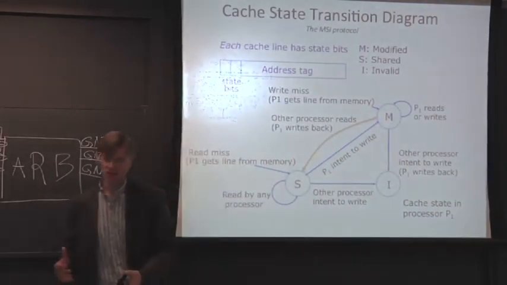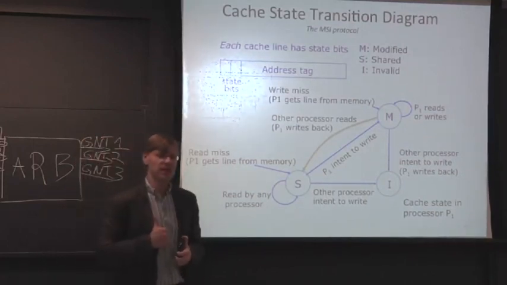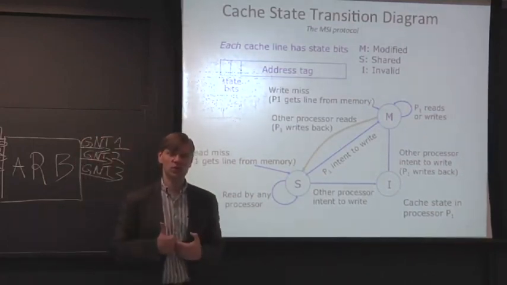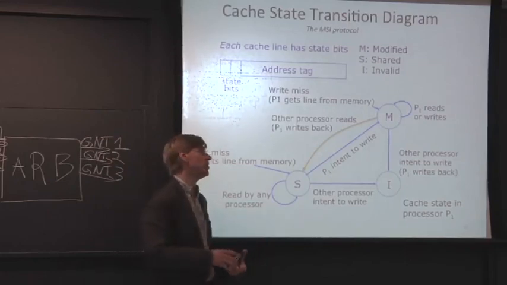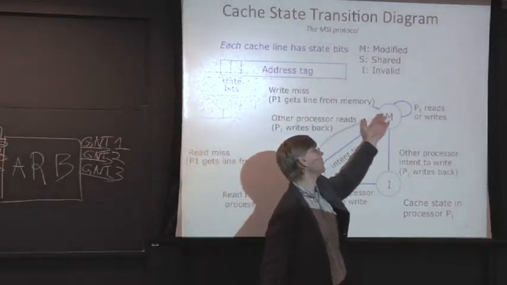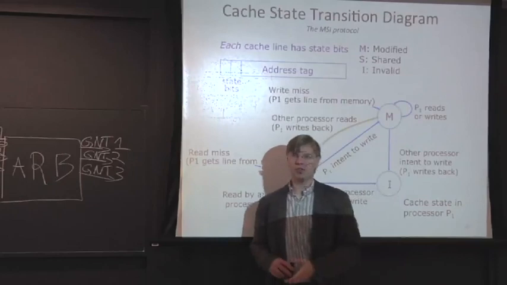And on this write miss, you broadcast your intent to write. You have to wait for everyone to do their invalidations out to main memory. And in the base case, you pull that data in from main memory, and you enter into the modified state.